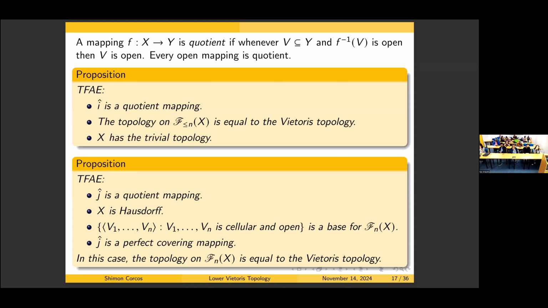Now, it is a useless endeavor to try and figure out when I hat is open for our purposes, because the only time it is a quotient mapping is when X has the trivial topology.